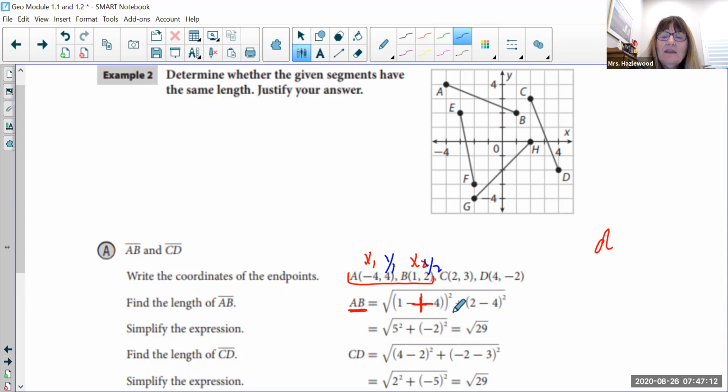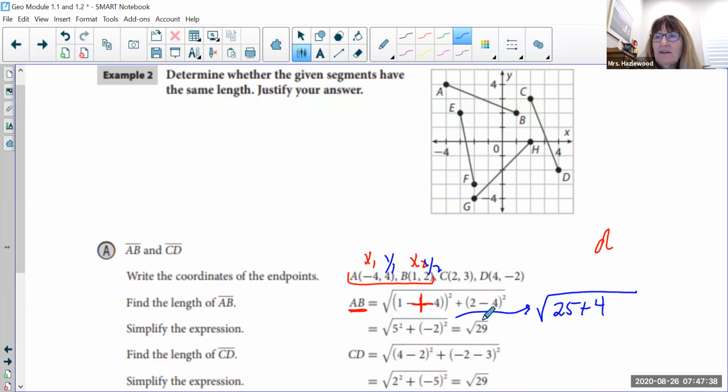So now here is a negative 2. I'm just going to come over here because they kind of skipped a step. So 5 squared is 25. And then negative 2 times negative 2 is 4. So I'm just going to add those two together. And when I do that, I have radical 29.